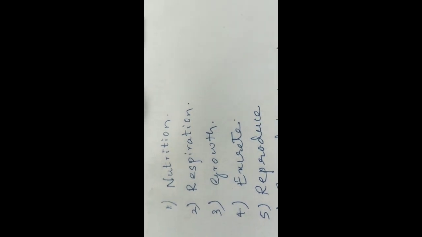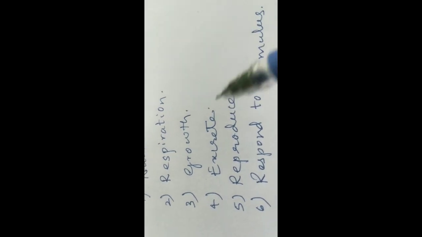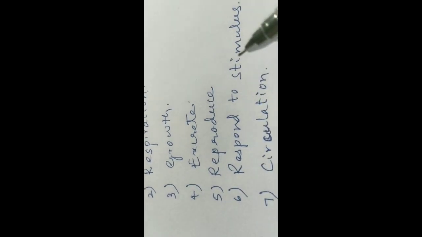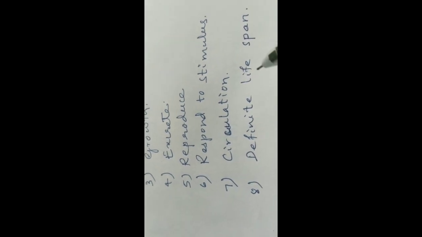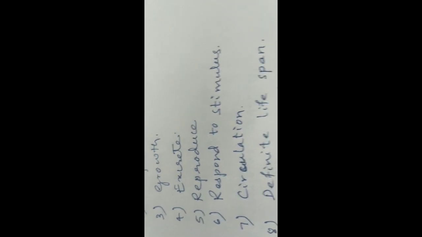So these are some of the important characteristics of living things. Living things show nutrition, respiration, growth, they excrete, they reproduce, they respond to stimulus, they show circulation, and they have a definite lifespan. These characteristics we won't find in the non-living things.